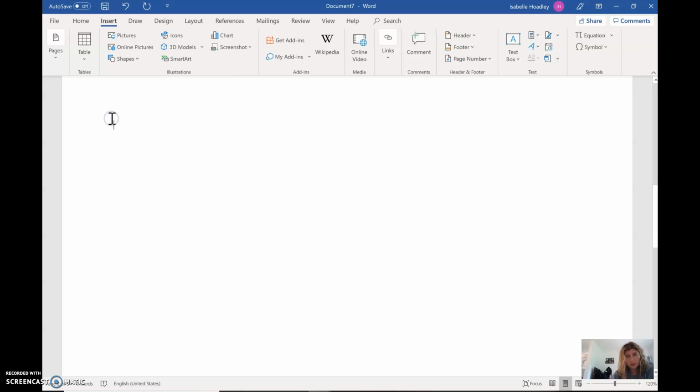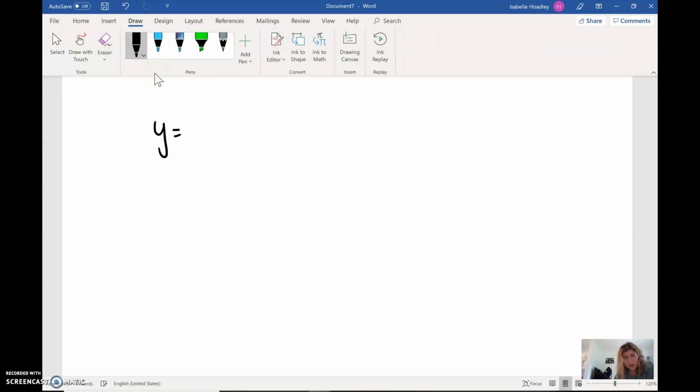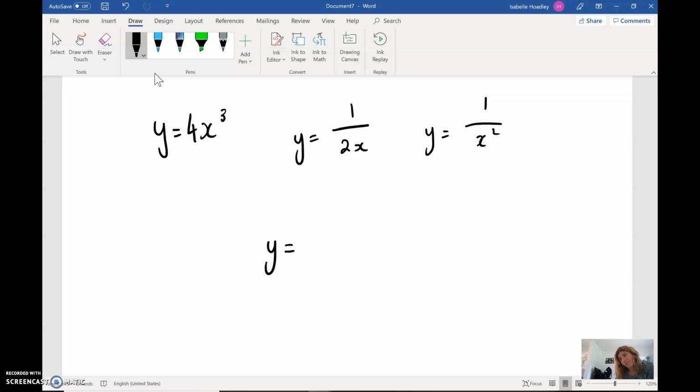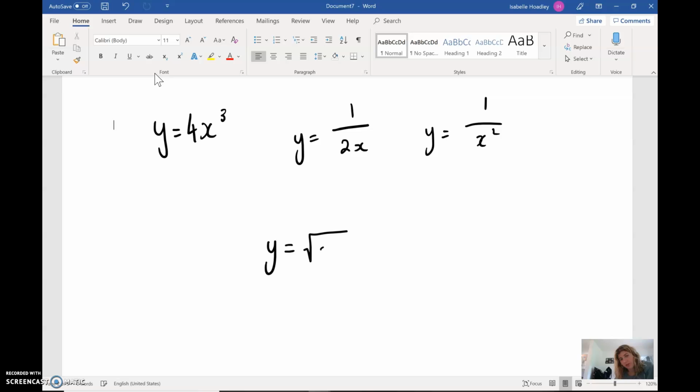So I want you to look at y equals 4x cubed, y equals 1 on 2x, y equals 1 on x squared, and you could also try y equals square root of x. This one obviously is quite a lot different, but it's still exactly the same process.